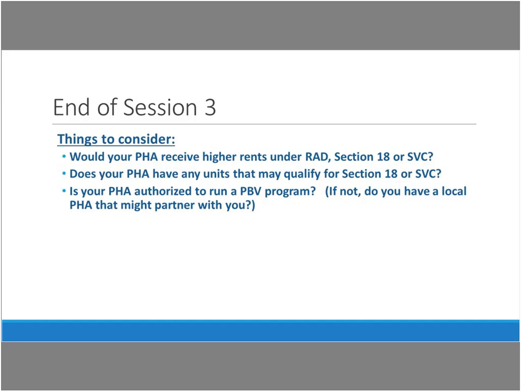And if the family changes size so that it's occupying a wrong size unit in accordance with the PHA's subsidy standards, then the PHA must offer the family the opportunity to receive continued housing assistance in another unit. And then the family would be afforded some time to move. Thank you.